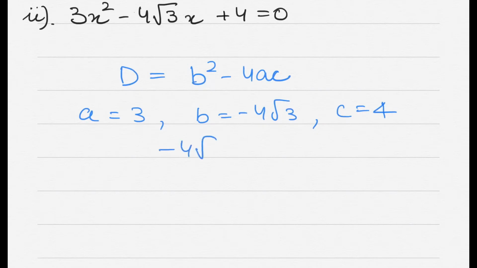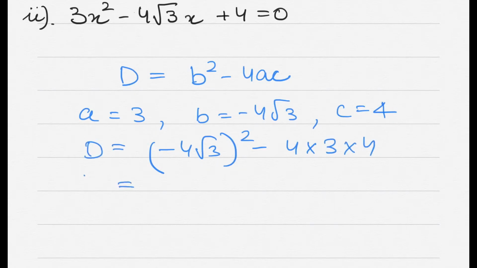Minus 4 root 3 whole square minus 4 into 3 into 4. So 4 into 4 makes 16 into 3, so 48 positive. Then I have minus, and 16 3s are 48. So this is equal to 0.